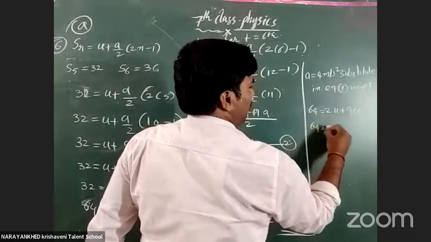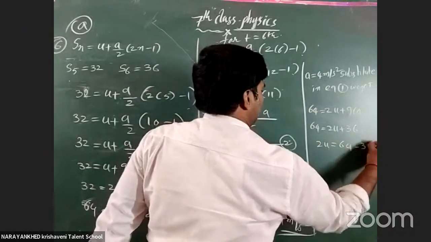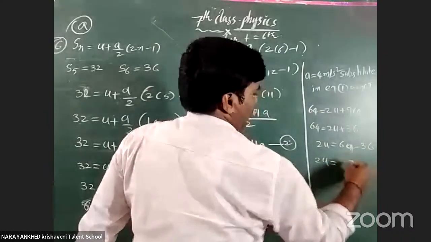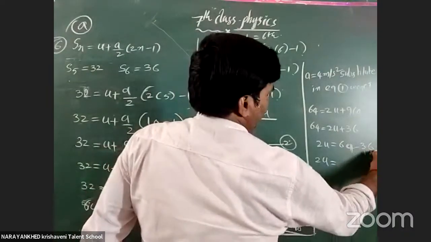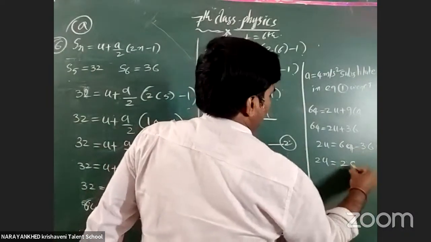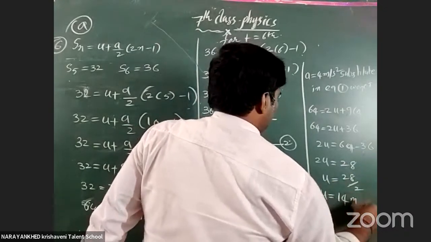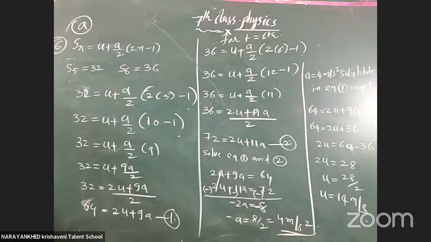Now 64 is equal to 2u plus 36. 2u is equal to 64 minus 36, which is 28. u is equal to 28 by 2, so u is equal to 14 meter per second. The answer is C. Both answers are A, comma C.